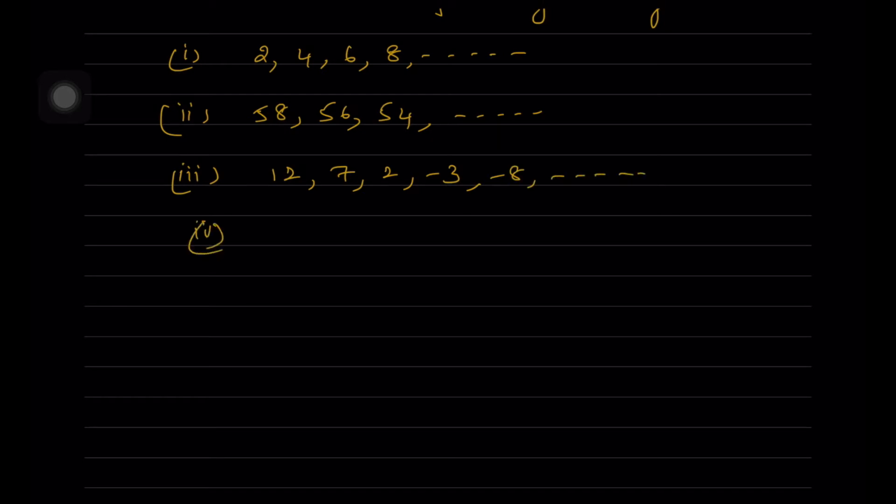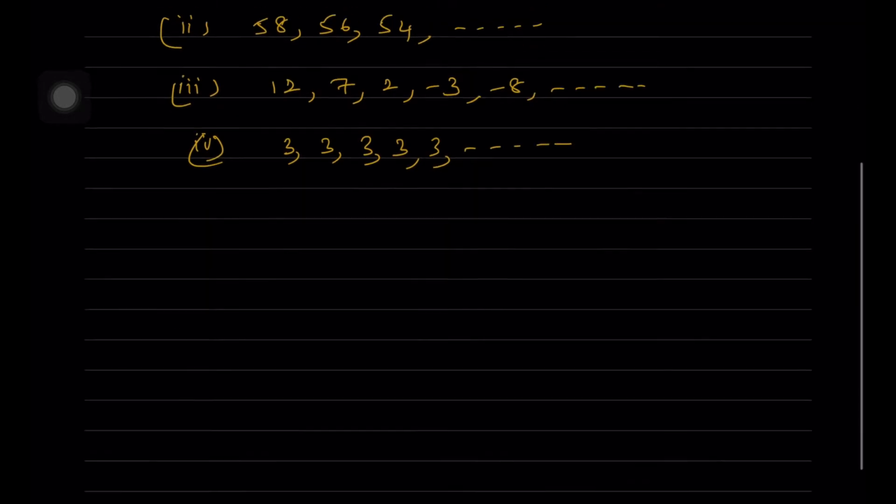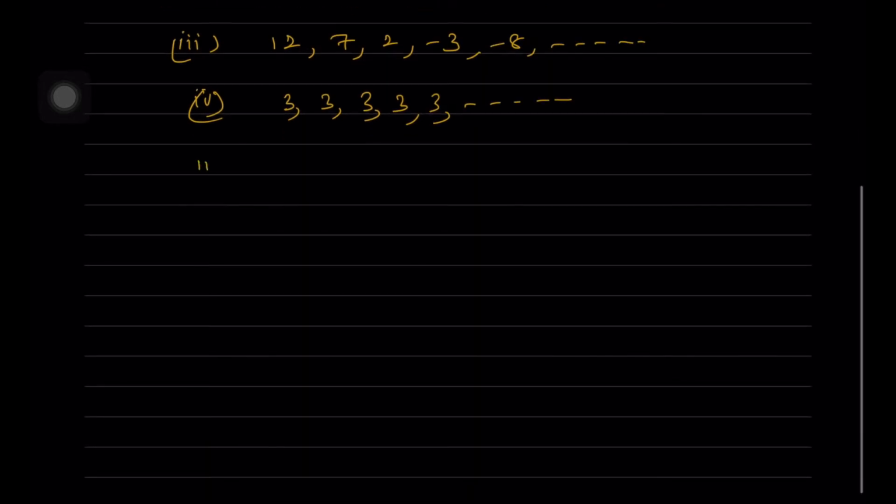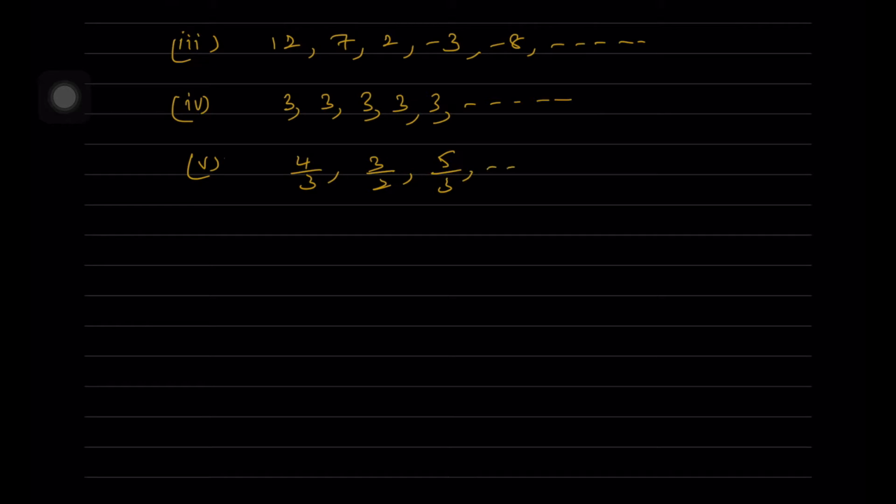Next, one more list as 3, 3, 3, 3, 3, and so on. Then one more, we'll take this as the fifth one. You can write this as 4 by 3, 3 by 2, 5 by 3, and so on. Then one more, we'll take 4, 9, 14, 19, and so on.